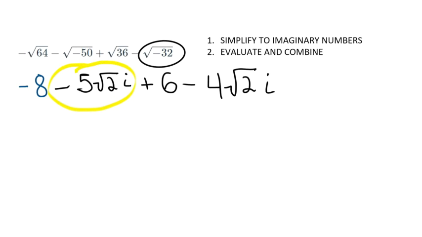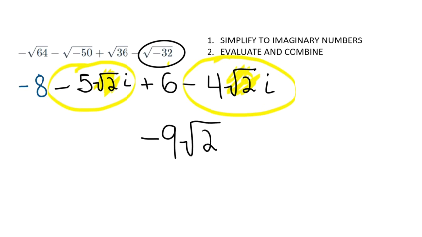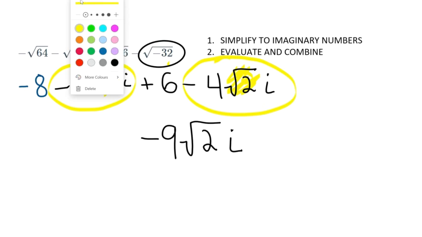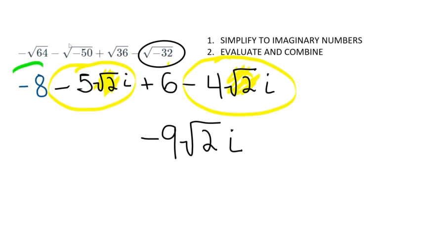Negative 5 square root 2i and negative 4 square root 2i. Why can they combine? They both have the square root 2, so they are allowed to combine. What we have is negative 5 minus 4, which will give us negative 9 square root 2i. And then we have to combine the other element, which, when we look at it, is negative 8 and 6.